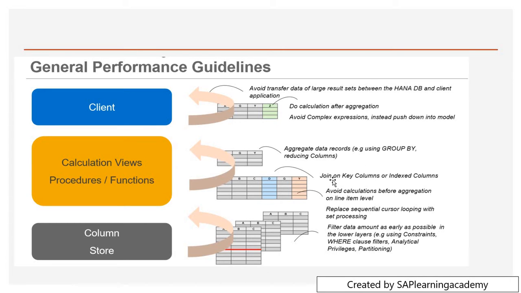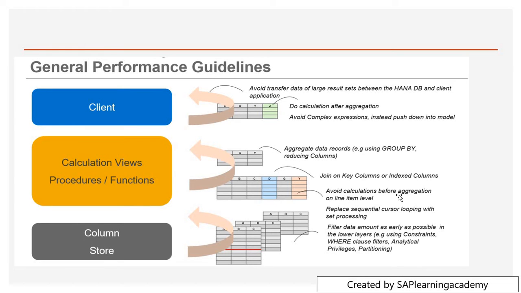And join on key columns or indexed columns. You should join on the key. So your table must have a key column, so it is important to do the join on the key so that the performance can be better.